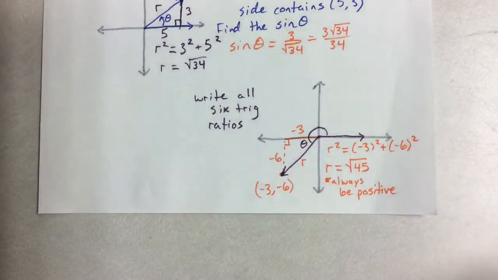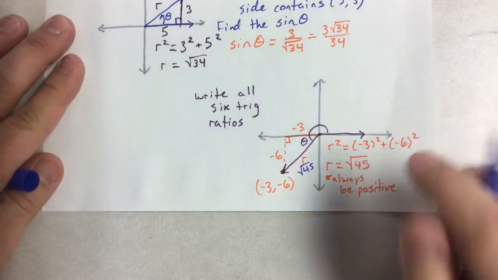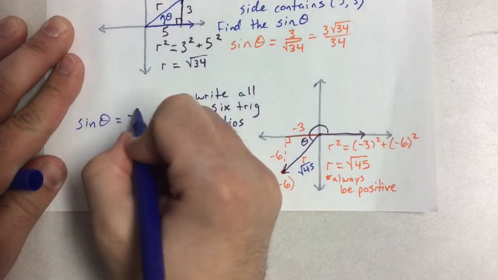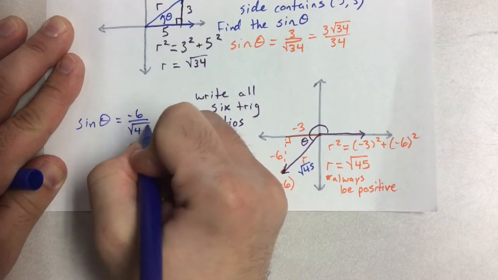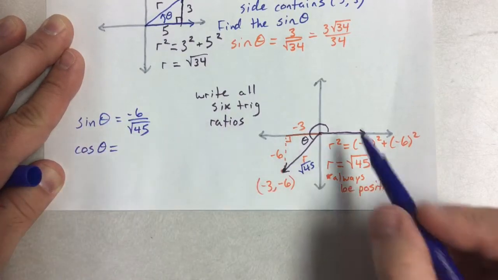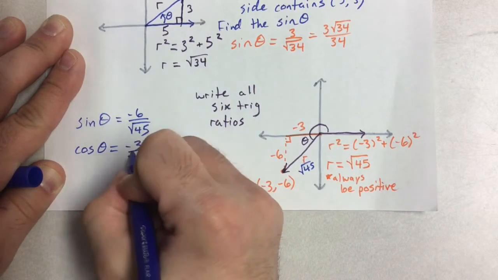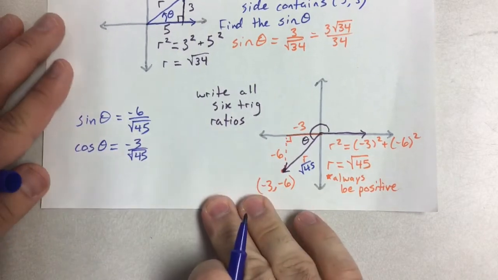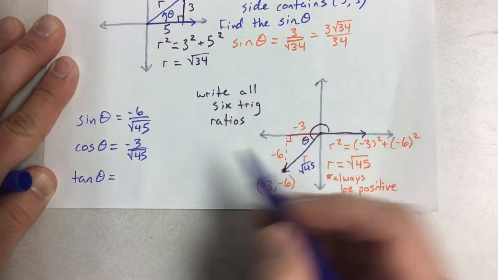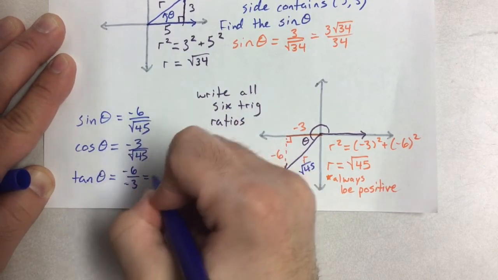We're now able to write our trig ratios. So, going through these rather quickly. Sine of theta would be -6 over the square root of 45. Cosine of theta would be -3 over the square root of 45. And tangent of theta would be -6 over -3, and let's go ahead and simplify that down to 2.